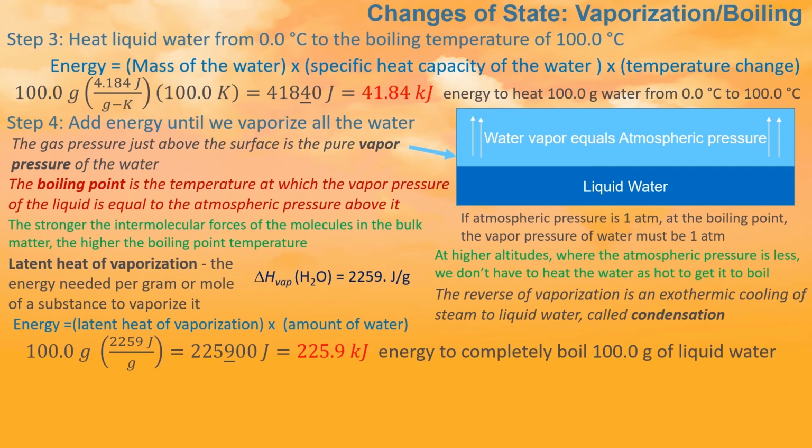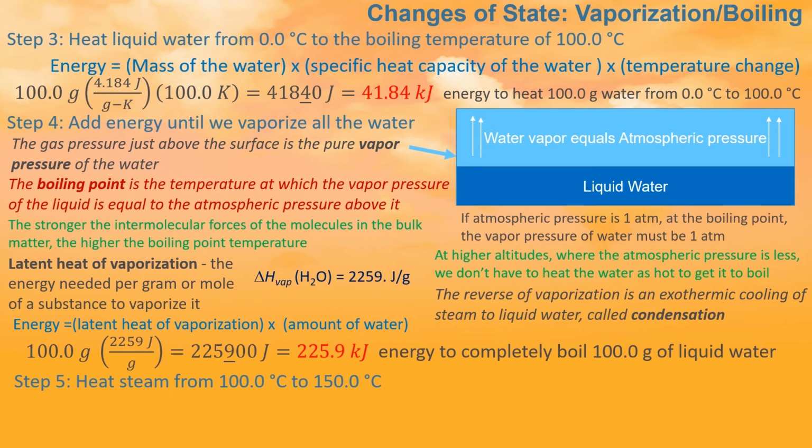This value is the greatest amount of energy we have calculated yet. Remember that H2O is one of our examples of a system that is held together by strong hydrogen-bonded intermolecular forces. It takes a lot of energy to break this force between water molecules. To finish up, take the steam we've made at 100 degrees Celsius and continue heating it up to 150 degrees Celsius. Again, we point out that steam can exist at much higher temperatures than hot water.